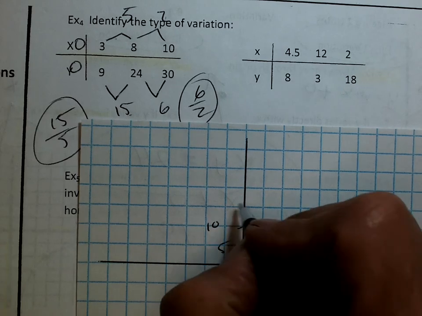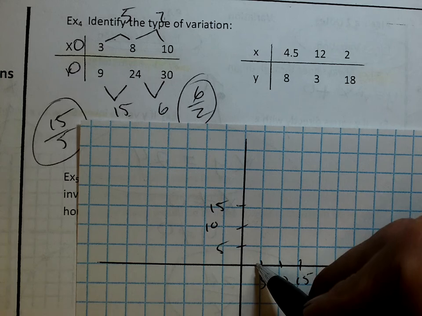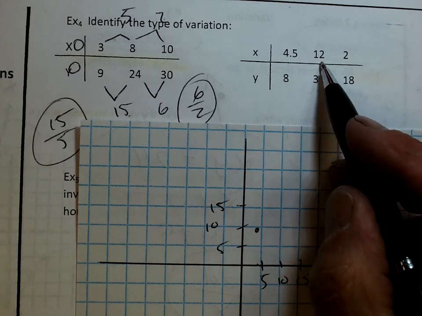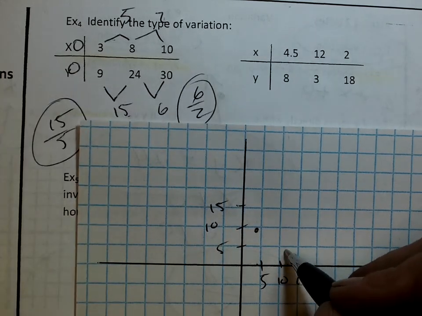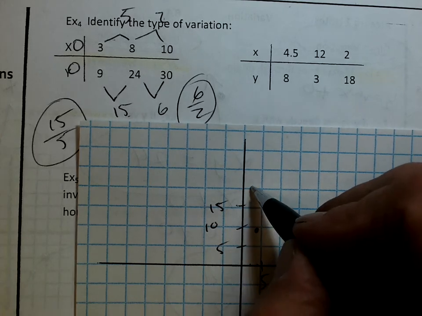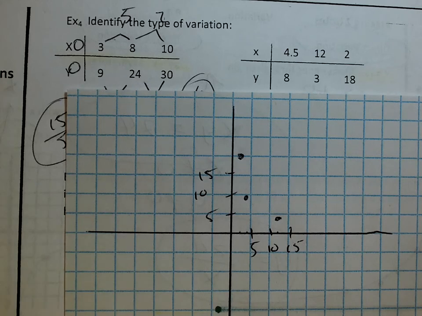So I got a point at 4.5 and 8, about there, right? I got a point at 12 and 3. I got a point at 2 and 18. Okay, what do you see? Does it look straight? It's curved. So which one do you think it is? Inverse.